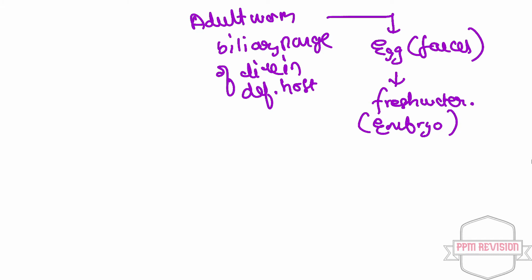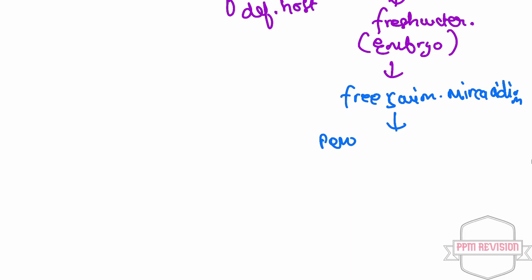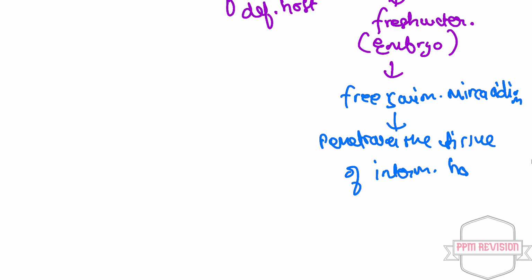It matures. Then the free swimming miracidium is present. It penetrates the tissue of the intermediate host, that is snail.